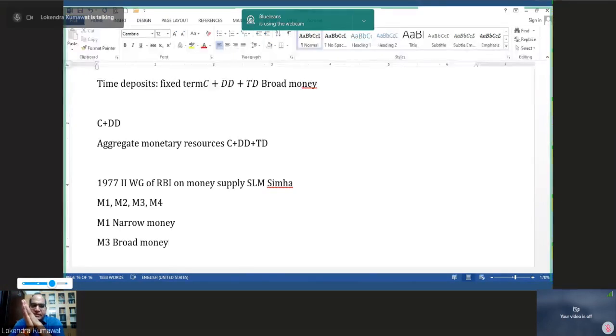But this group also suggested another measure called M2. This included, apart from M1, the demand liabilities portion of the Post Office Savings Bank.